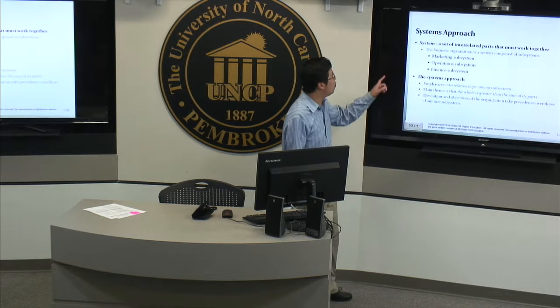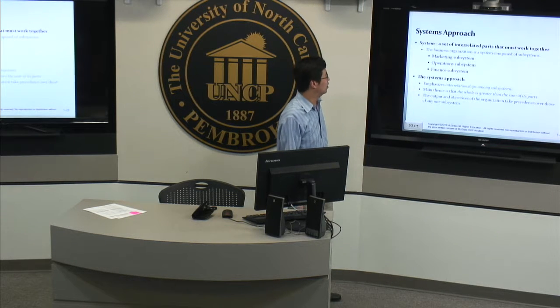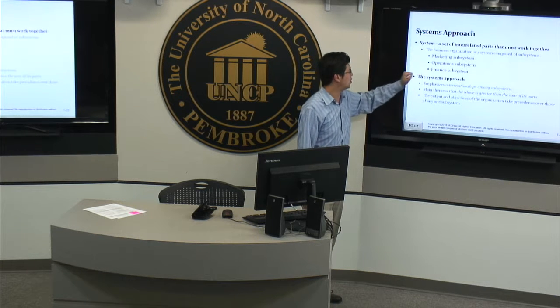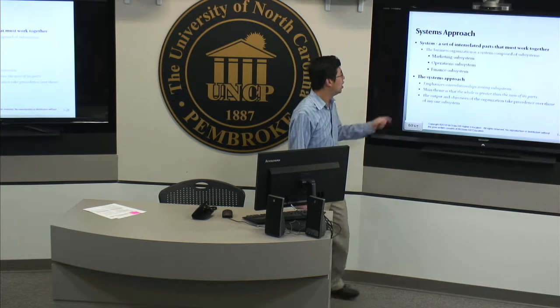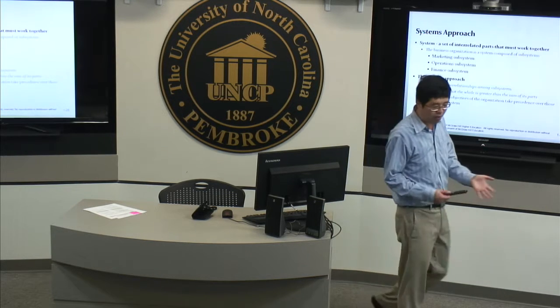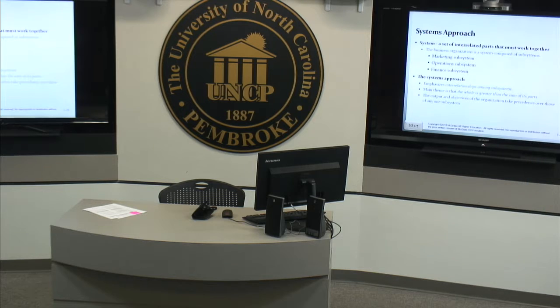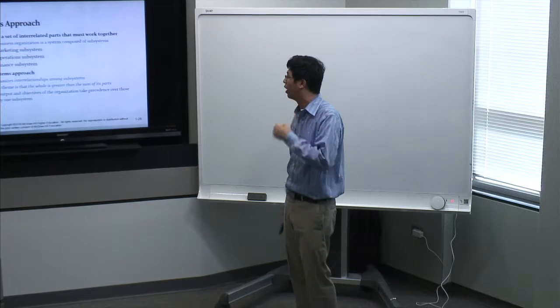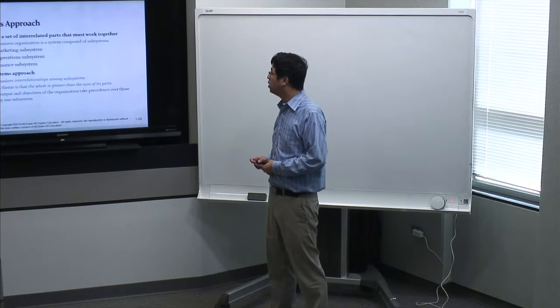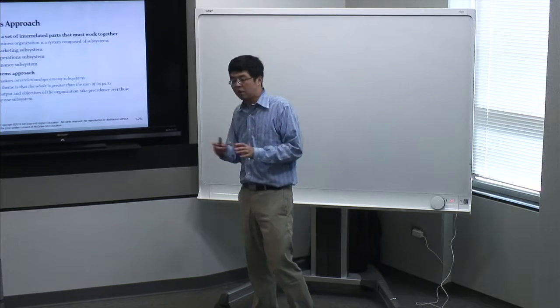The whole business organization is a system with a marketing subsystem, operation subsystem, and finance subsystem. Within each subsystem, when we talk about operations, there are many different functions, and they are also related to each other. The system approach emphasizes the interrelationships among subsystems.